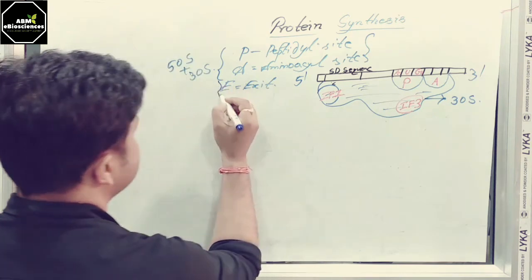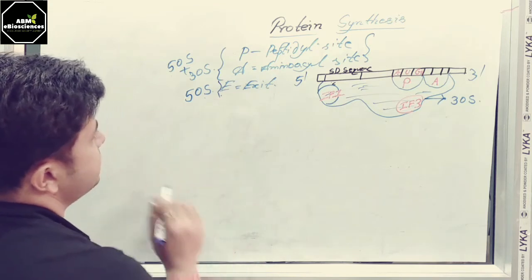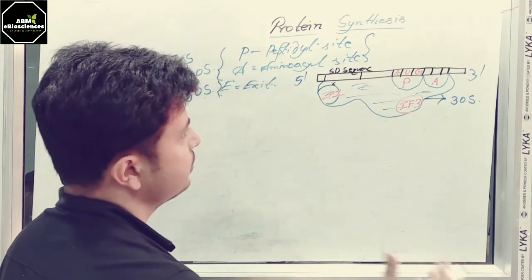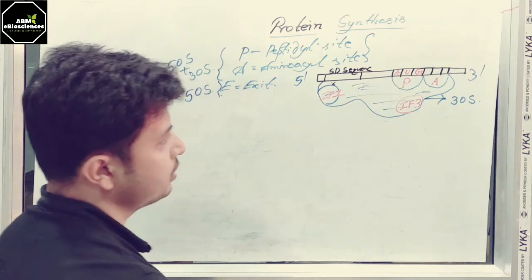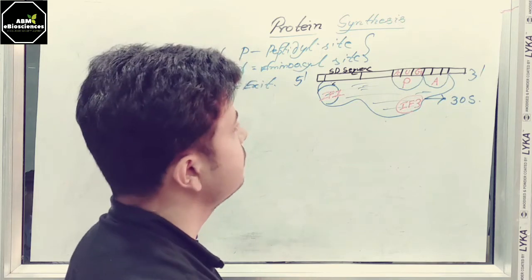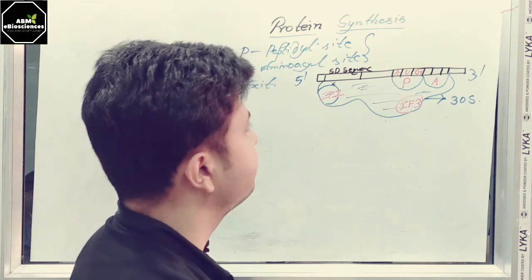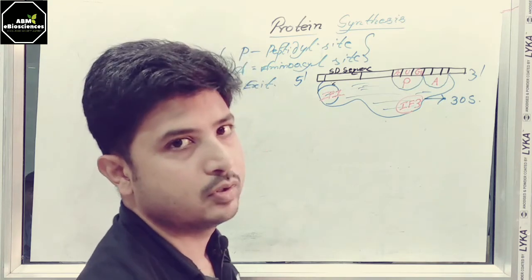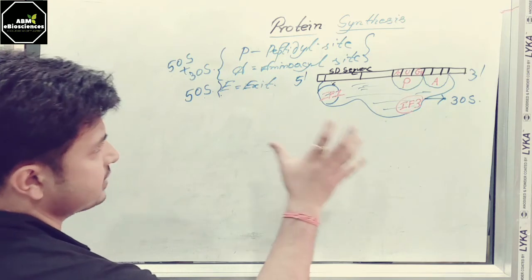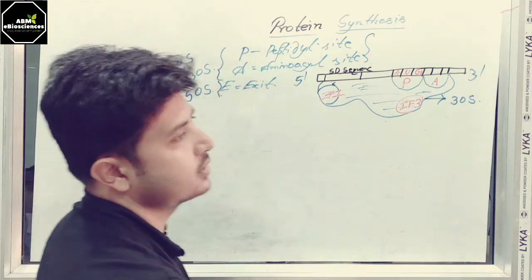Now the E site is present in the 50S ribosomal subunit. I am not able to draw the 3D structure of a ribosome, so you should imagine the 3D structure and how it happens. This is the first thing which is formed during protein synthesis.